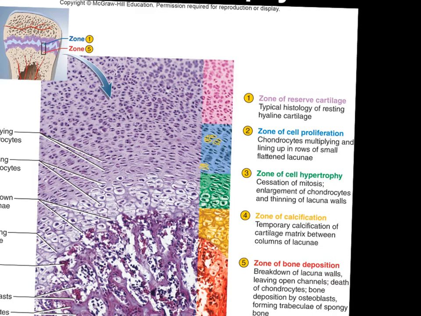Zone 3 is the zone of cell hypertrophy. We're still growing here, but we're growing a different way. Remember, there's two ways for tissues to grow. Tissues can grow by cell division, you get more cells, or they can grow by hypertrophy. Same number of cells, but the cells get bigger. So in our zone of cell hypertrophy, we cease mitosis, but the chondrocytes enlarge, and they thin the walls between the lacuna.